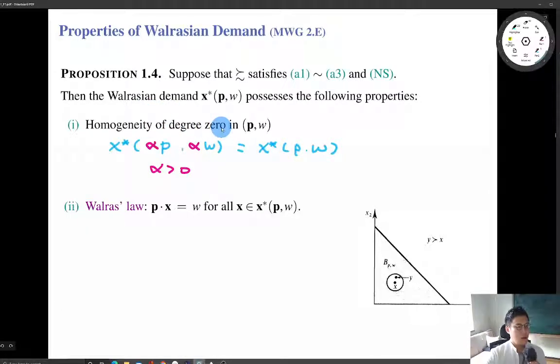And the second property is Walras' law. Walras' law states that p dot x should be equal to w, where x is an element of the Walrasian demand. So it simply says if x is an optimal bundle, then all income should be exhausted.